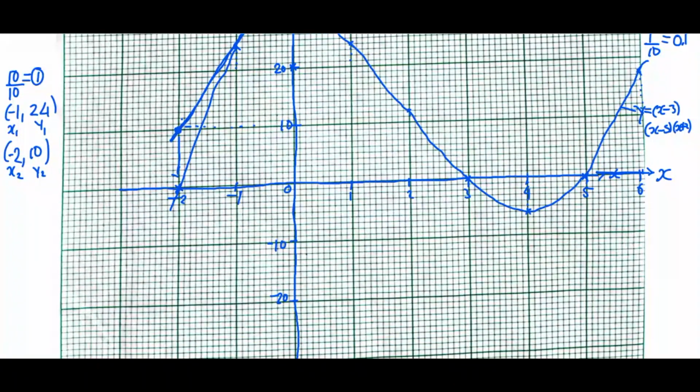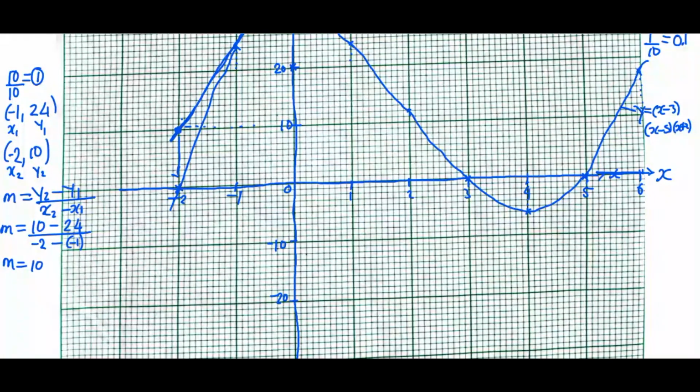So let's find the gradient. Gradient is equal to y2 minus y1 over x2 minus x1. So y2 is 10 minus 24 over x2, which is -2 minus -1.